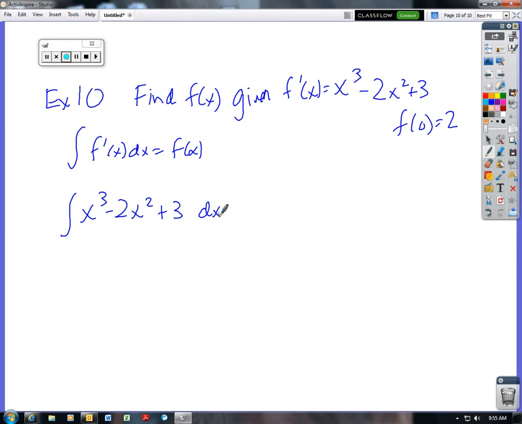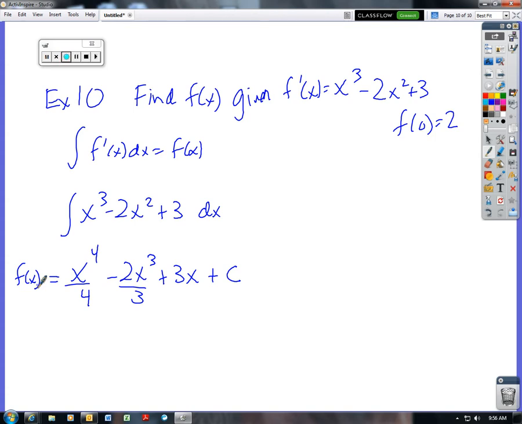And this is an indefinite integral because there's no limits. Okay, so we'll go ahead and do that. That's going to be x to the 4th over 4 minus 2x to the 3rd over 3 plus 3x plus c. And that equals f of x. Okay, that's a general solution because it's plus c.